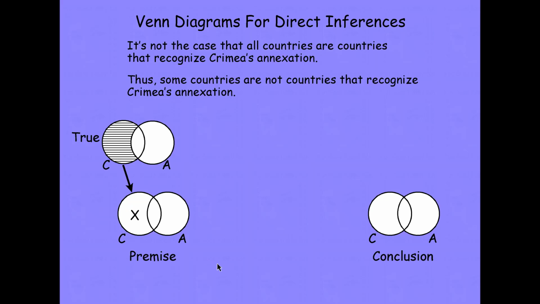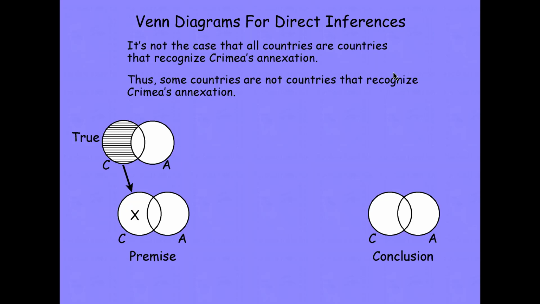So now we've got our premise diagram. Our premise diagram tells us what has to be true in order for this entire statement to be true, our premise. So now we look at our conclusion diagram. Our conclusion diagram is going to tell us what our conclusion needs in order to be true.